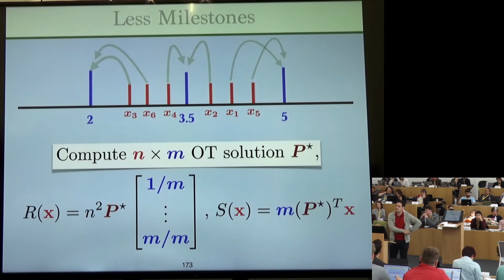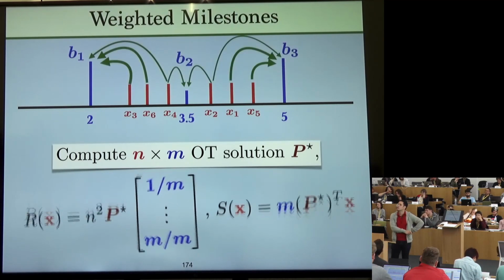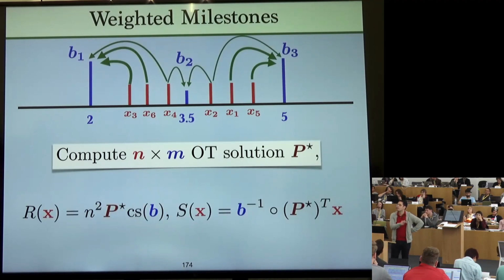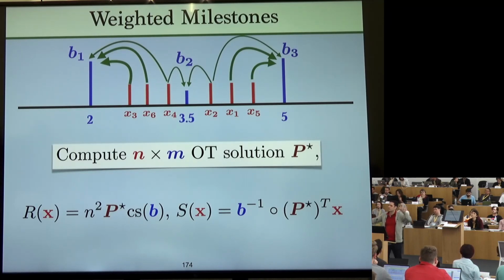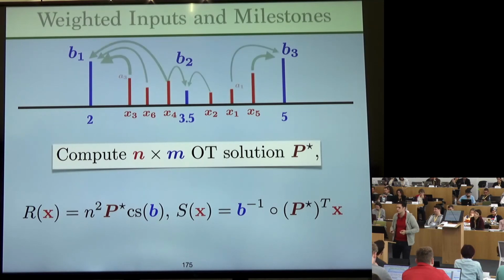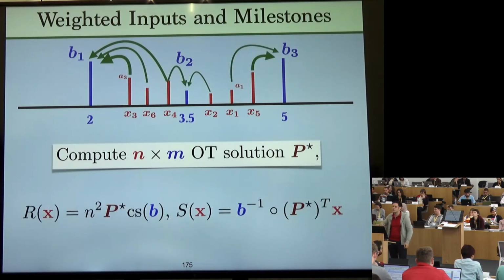Maybe one of the milestones is heavier than the other, so you're focusing on one milestone in particular. If what you're interested in is who is in the middle of the race, then maybe you put a big milestone on the left that captures most of the last guys, a big milestone on the right that captures most of the guys in the front, and a very small milestone in the middle that captures the people in the middle, etc. And so there are lots of formulas that you can come up with, each time a generalized sorting.